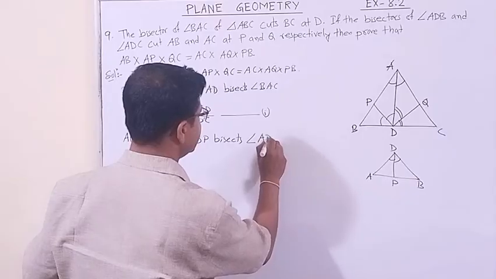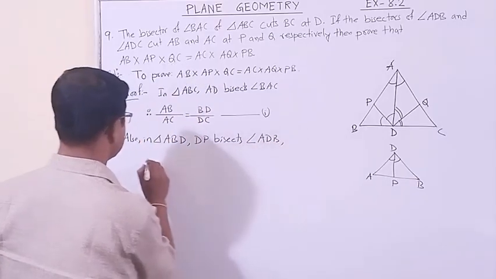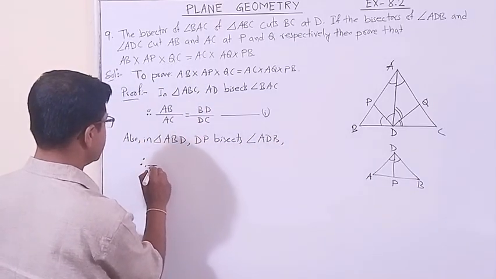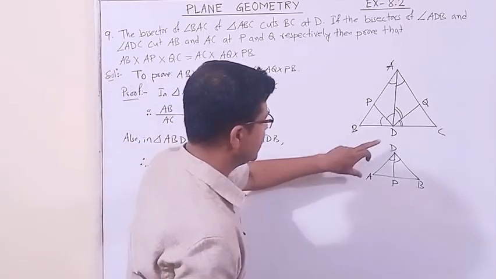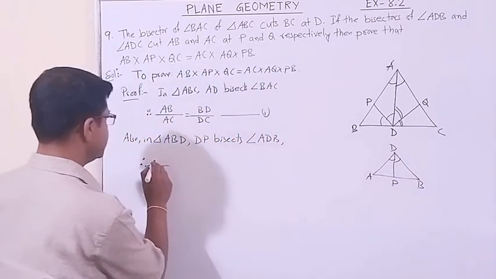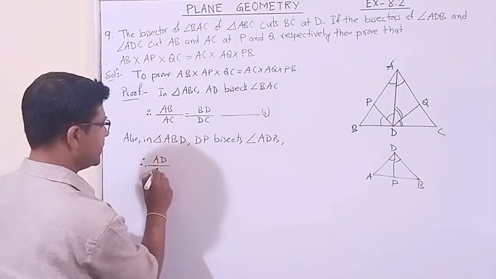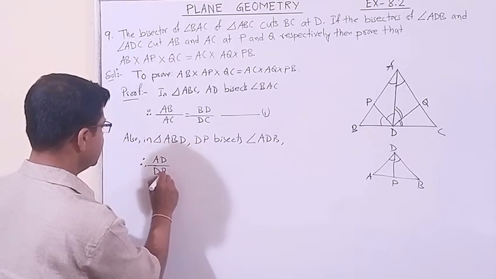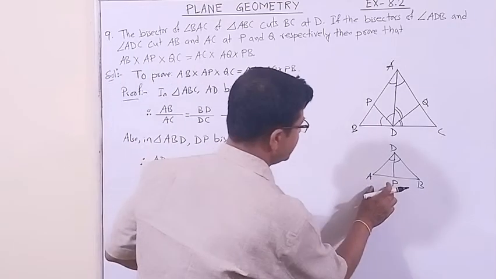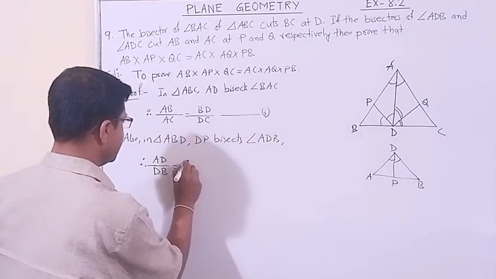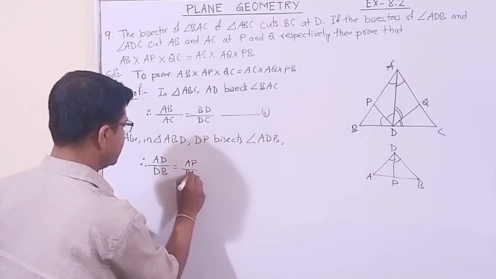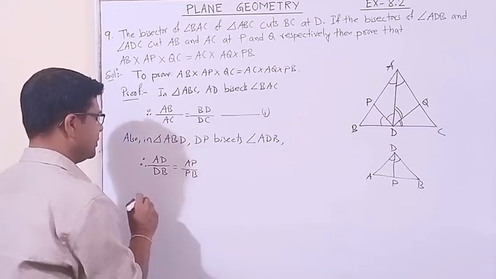Therefore, we obtain AD by DB is equal to AP by PB. AP by PB.